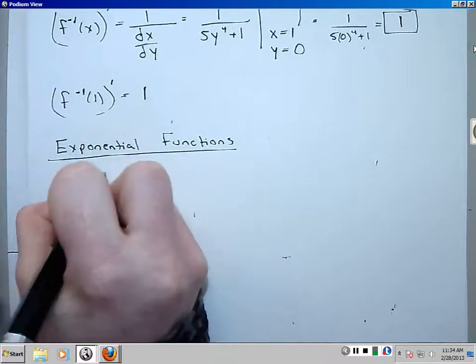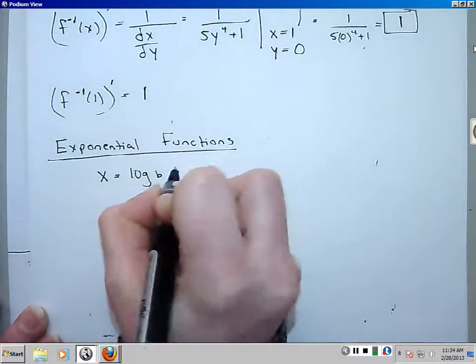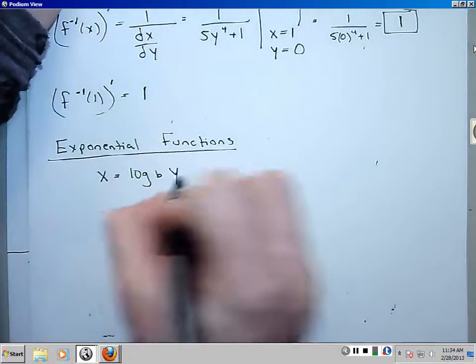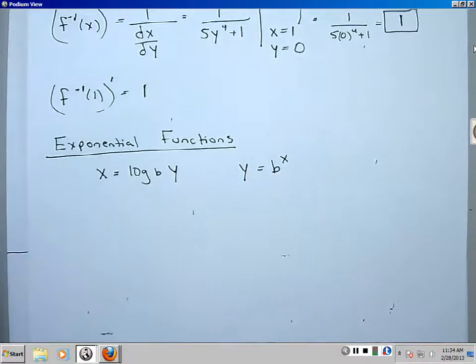They say, let's call x log base b of y, and let's call y b to the x. So these are two functions that are inverses of each other, right? I call one x and I call the other one y.